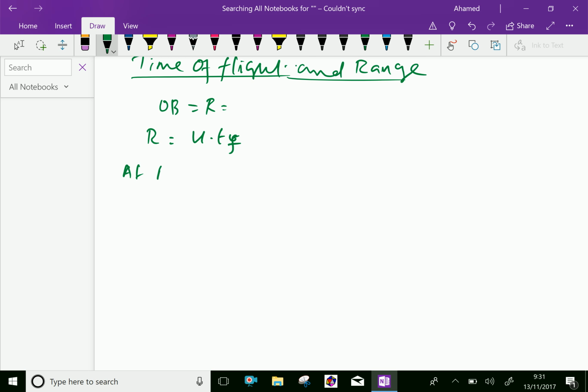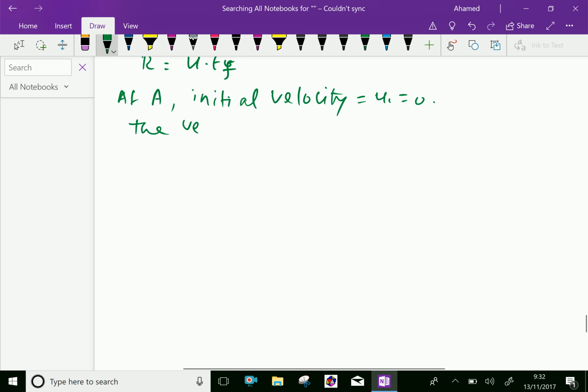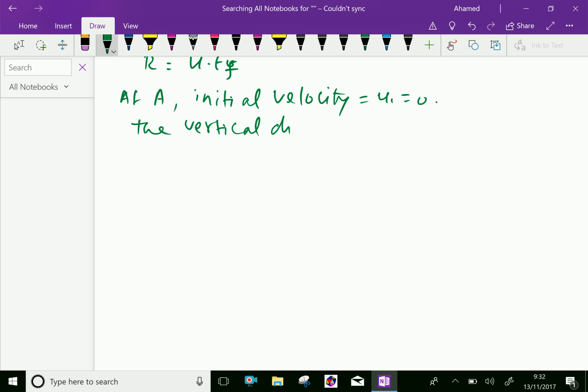At A, the initial vertical velocity u1 equals 0, and the vertical distance traveled by the object or ball in time tf, suppose sy, is h.